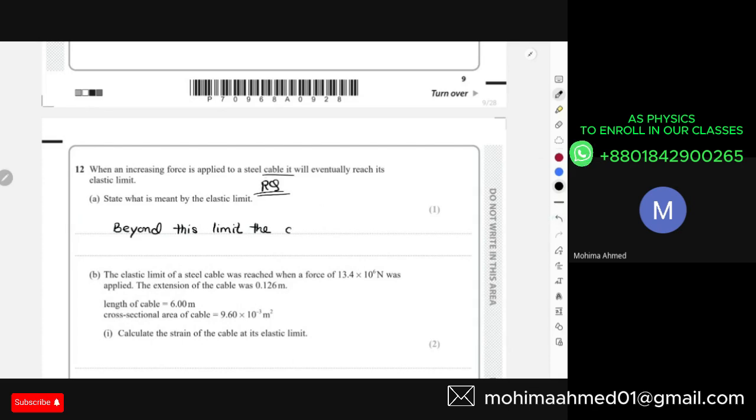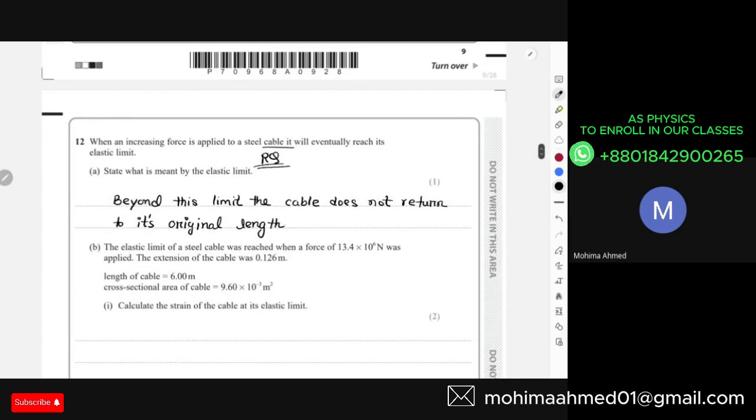Beyond this limit, the cable does not return to its original length when the applied force is removed, right?